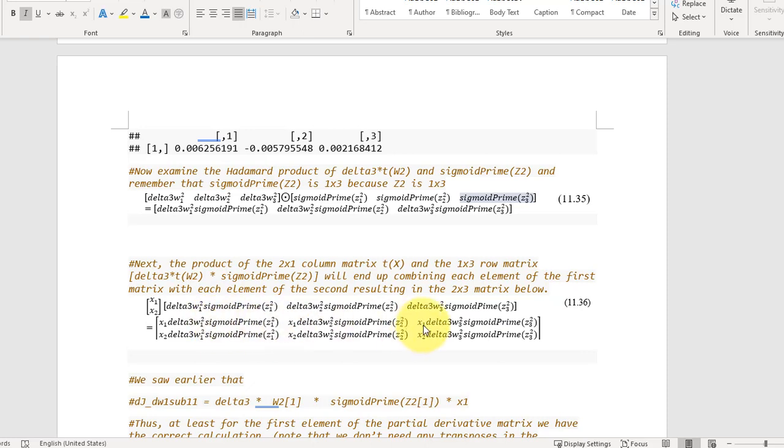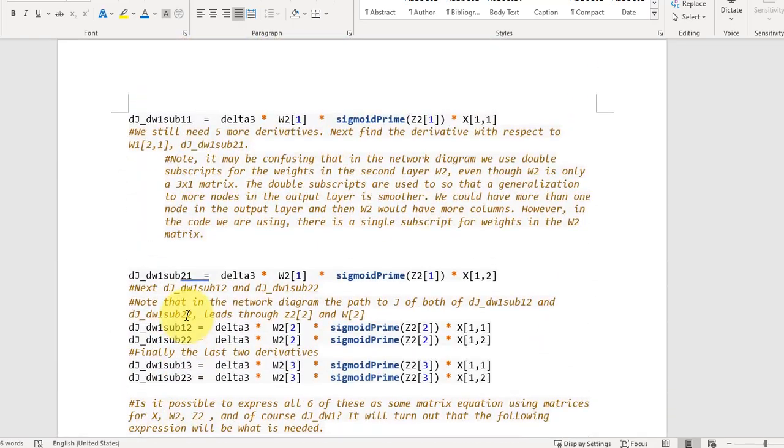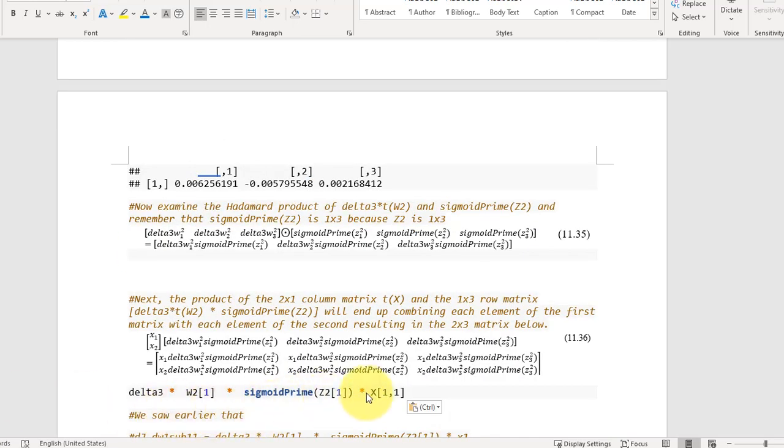And then is this really what we want? Is this, for example, equal to this, or equal to this? So let's just copy that and see if it is. We want to see if this is the same as this. And you can see that it is. Here's x1, here's x1. Here's delta 3, here's delta 3.